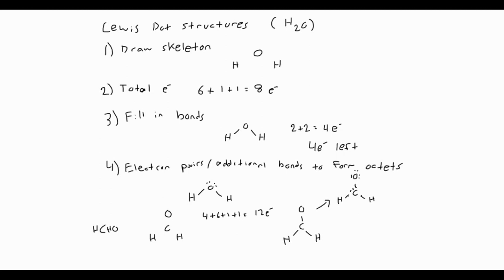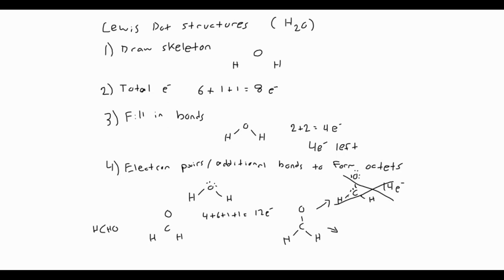However, how many electrons does that leave us with total? We have 2, 4, 6, 8, 10, 12, 14 valence electrons now in our Lewis dot structure. So this is not a good Lewis dot structure. It uses too many electrons. We don't have that many to work with.